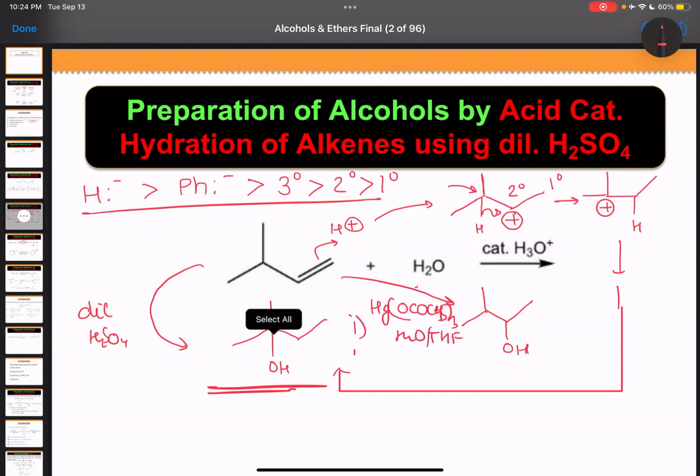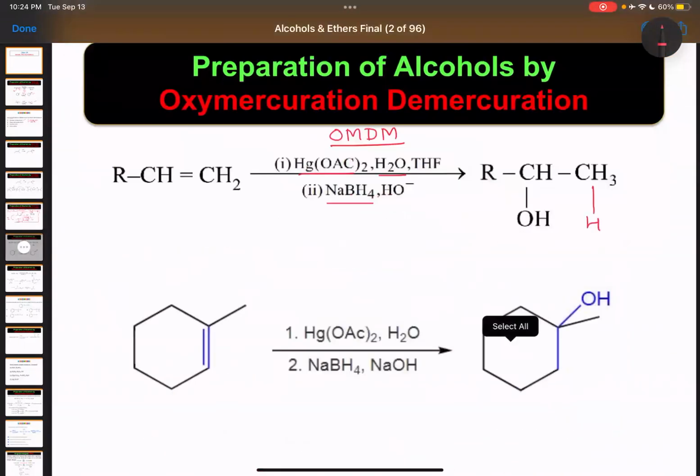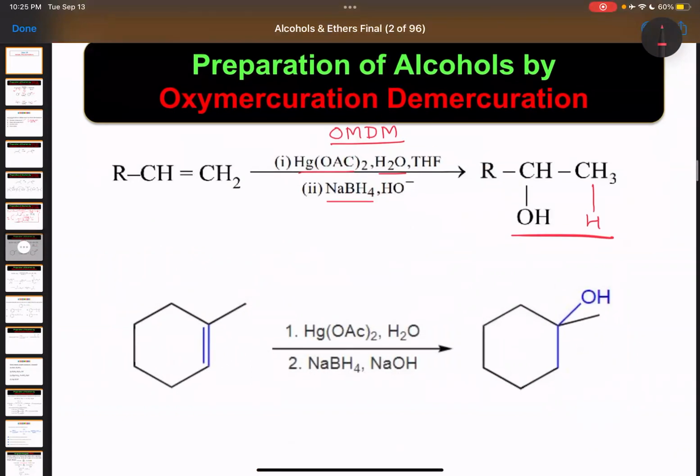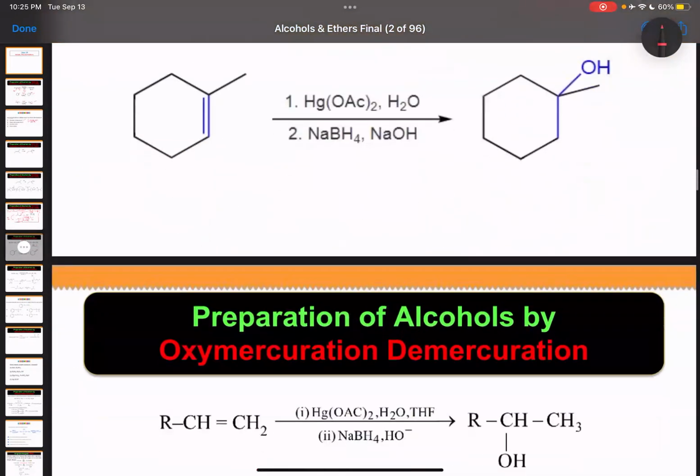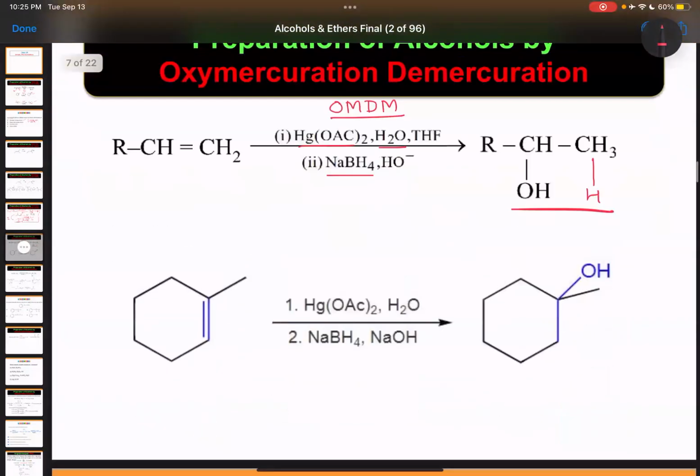This is the first step, followed by NaBH4. That is the complete set. It is Markovnikov and the rearrangement will not happen. You need to remember that. The rearrangement means shifting of carbocation.